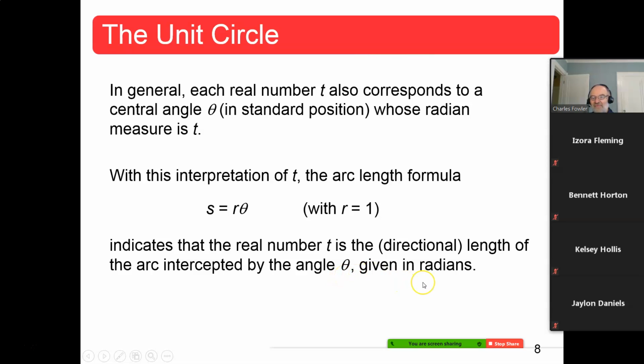Theta is given in radians, which remember are dimensionless quantities. s is given in some sort of length measurement: inches, yards, meters, furlongs, miles, centimeters, millimeters, whatever length the radius is. This, however, is a dimensionless quantity. But because r is equal to 1, the same unit as this, the numerical value for s is the same as the numerical value for theta. That numerical value is what they're calling the real number t. Okay.